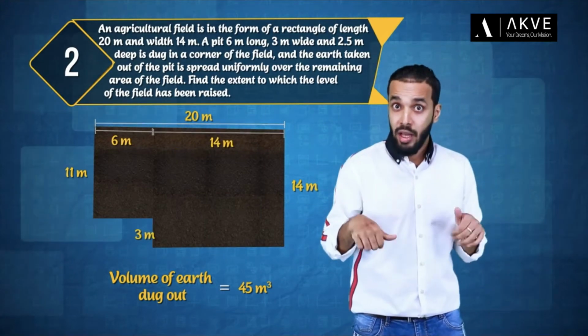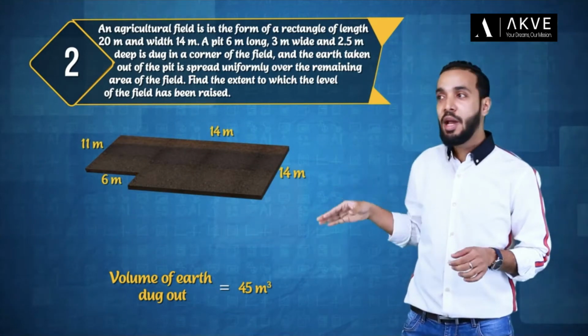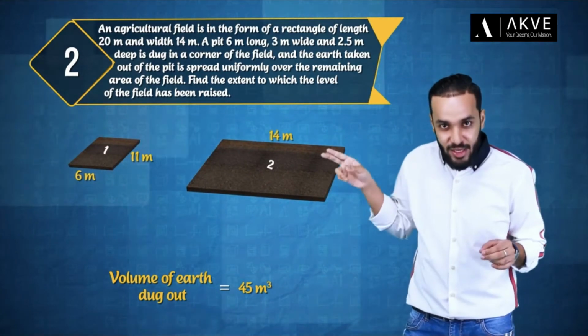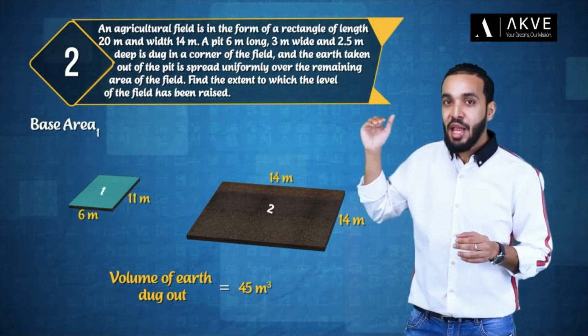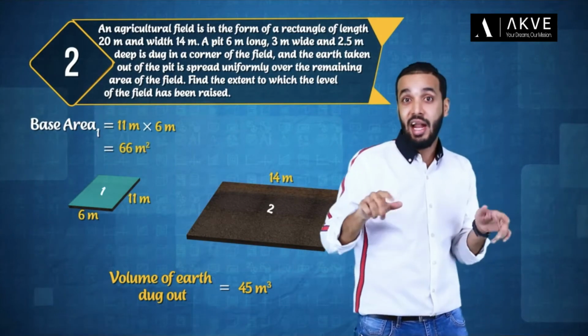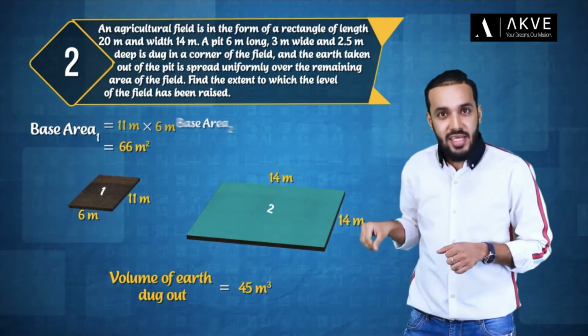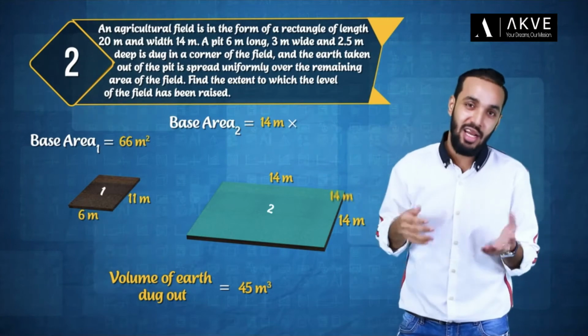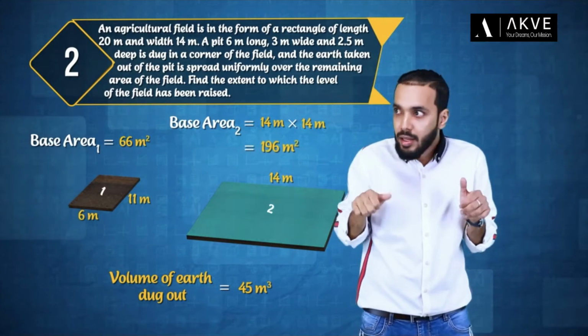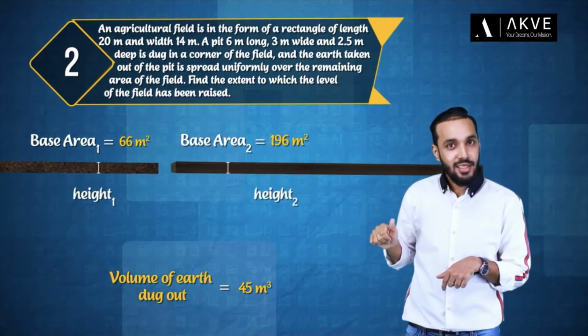So, if we break the 3D shape along this line, we would get two cuboids. The first one with base area 11 into 6, that is 66 square meters, and the second one with base area 14 into 14, that is 196 square meters. But what about their heights?